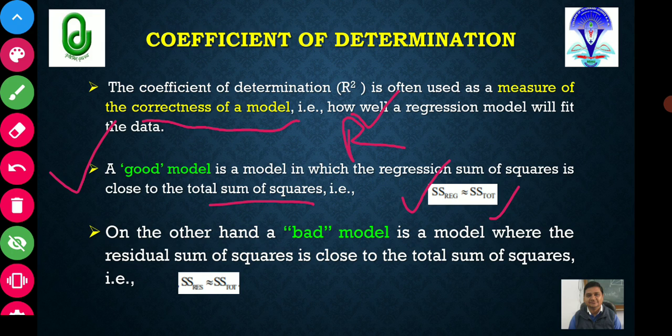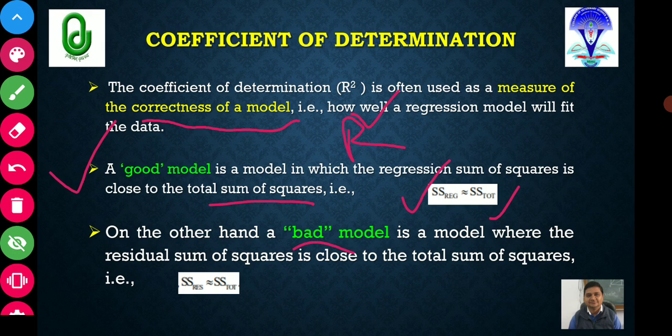We will see when we study ANOVA that sum of squares is variance. So variance due to regression should be almost equal to the total variance. Then only you can say this is a very good model, because there is no scope of error. Everything is getting explained by the independent variable.